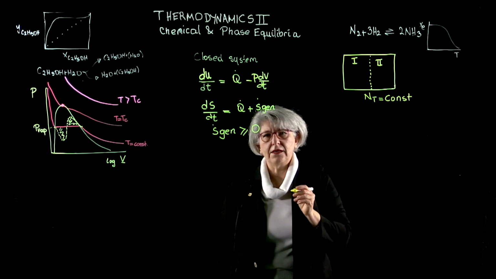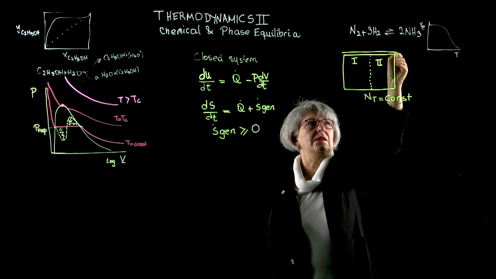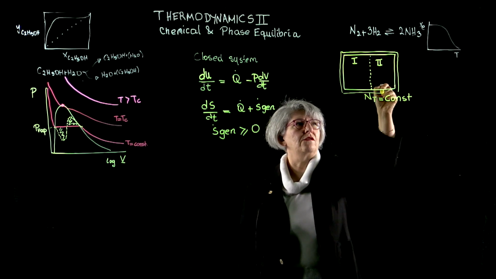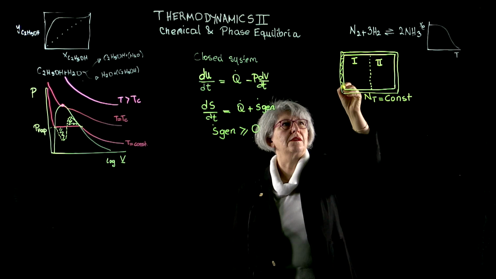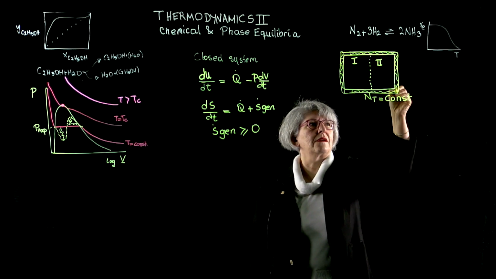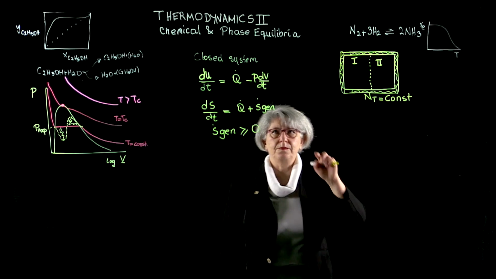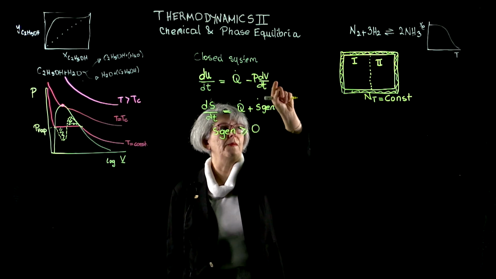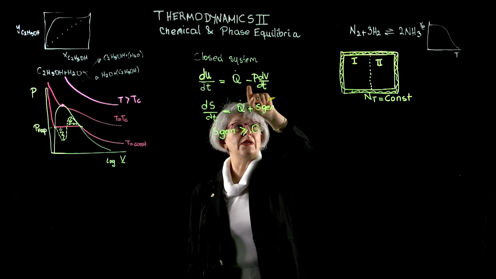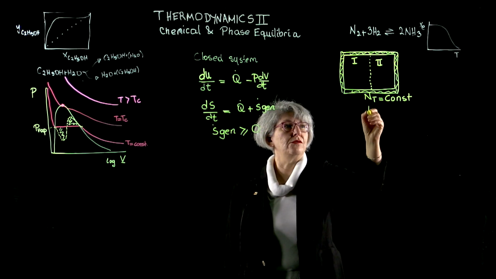Okay, and in this chamber, this is a constant volume chamber and is isolated from its environment. Since this chamber is at constant volume, this term drops out. And since it is isolated from its environment, this term drops out. That we have du over dt is equal to 0, or u is constant.